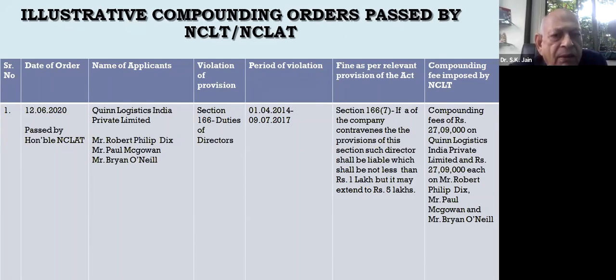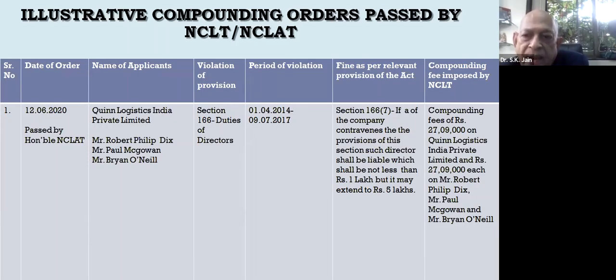Then the violation is of section 166, which prescribes the duties of the directors. The period of violation is 1/4/2014 to 9/7/2017. And what is the fine prescribed under 166(7)?